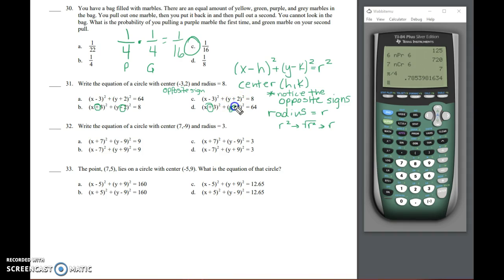That eliminates A and C because they are not the opposite signs. If the radius is 8, then I have to square it. So it's not going to be 8, it's going to be 64. So that eliminates B and gives me D as the equation.